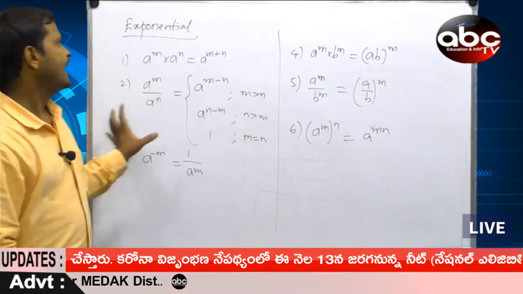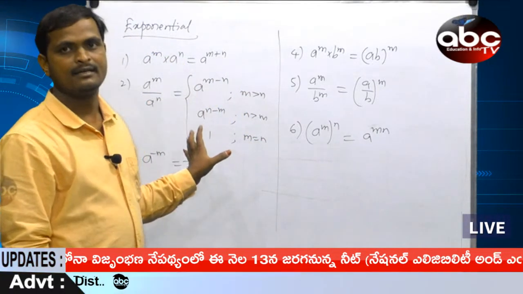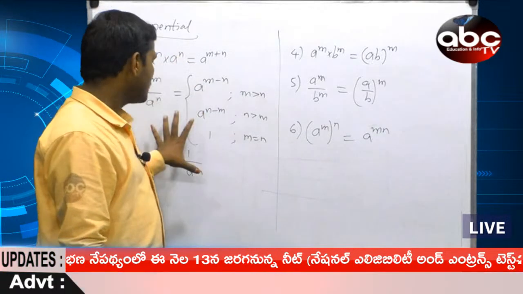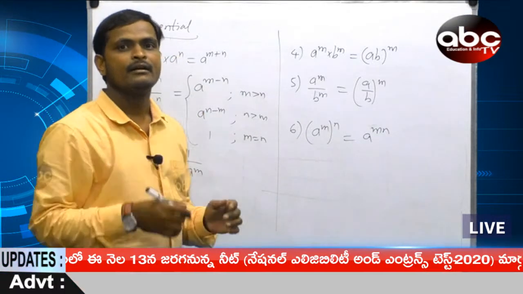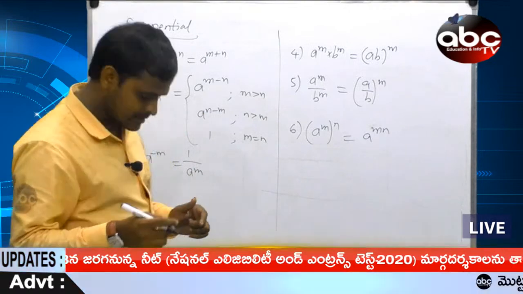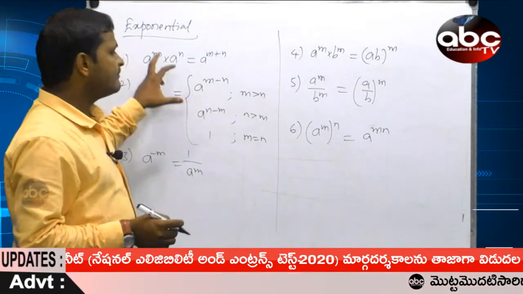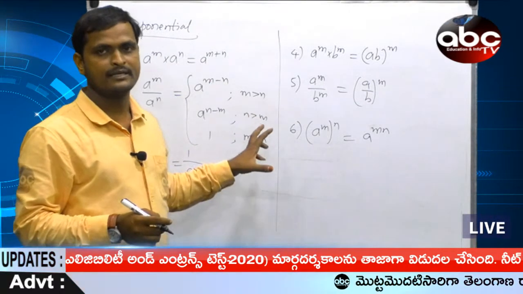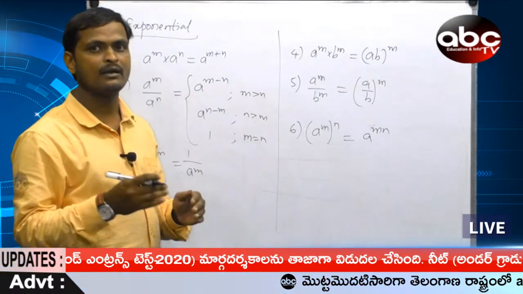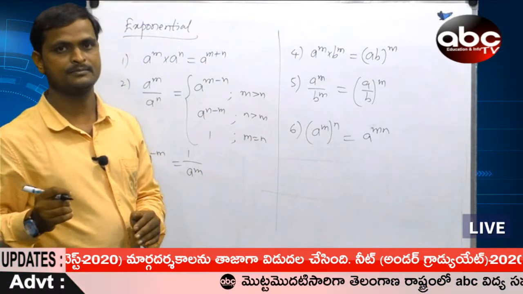These are the laws of exponentials. When we know these laws of exponentials, then our next topic is logarithms. When we know these laws of exponentials, then we get the properties of logarithms. Okay.